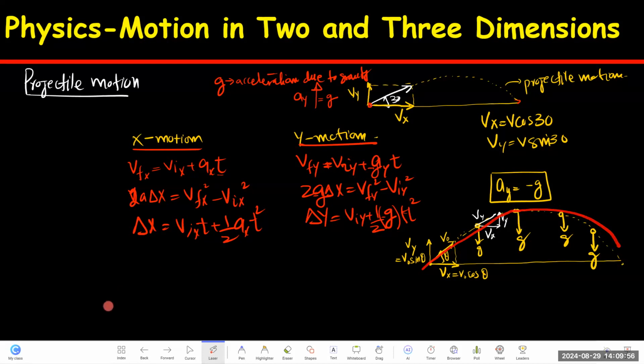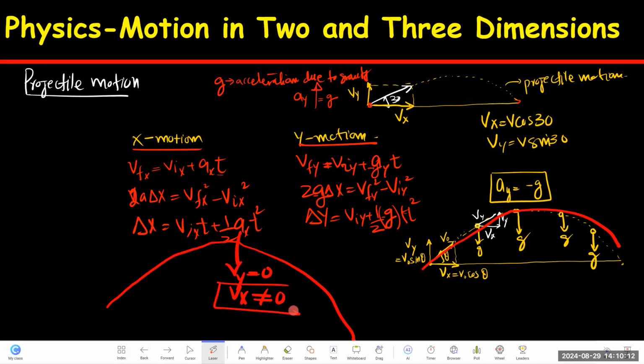Really, the object is going to slow down, stop, and then come down fast. So at this point, vy equals 0, but vx is not equal to 0.